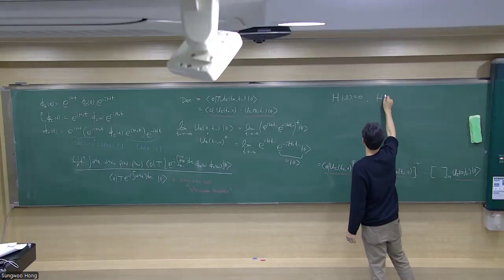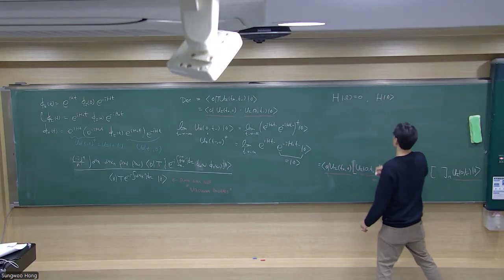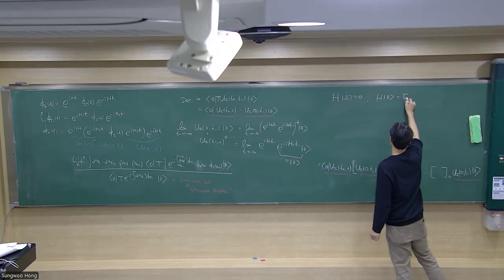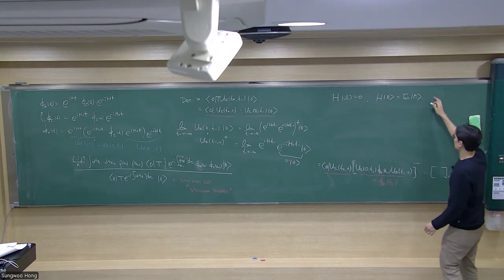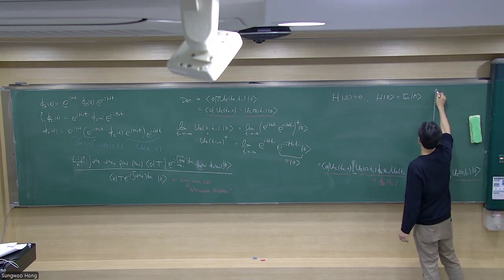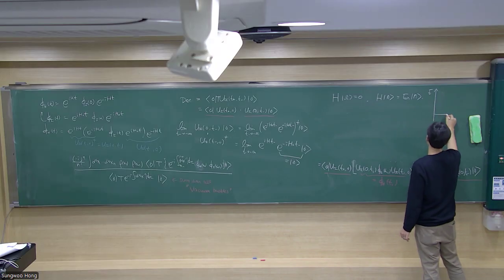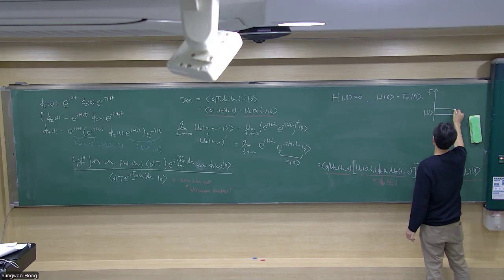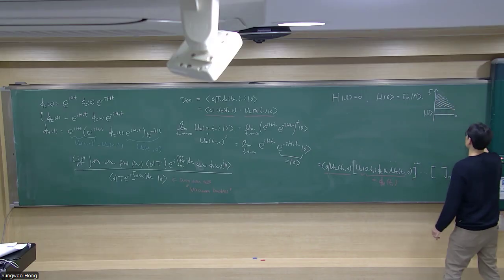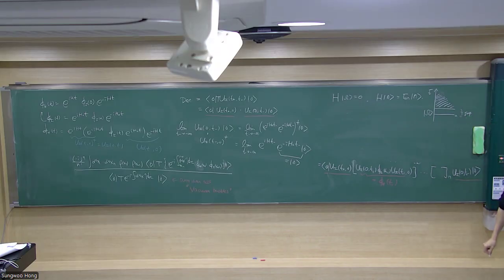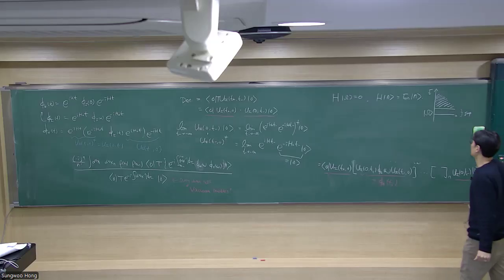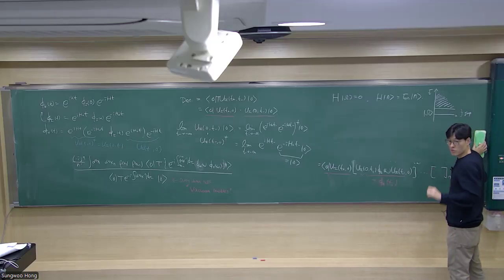But also, let's imagine some non-trivial state, which say has energy E_n. And we sort of imagine the picture: there's a ground state, which is 0, and then either a discrete or continuum spectrum with some gap. That's what we were thinking.